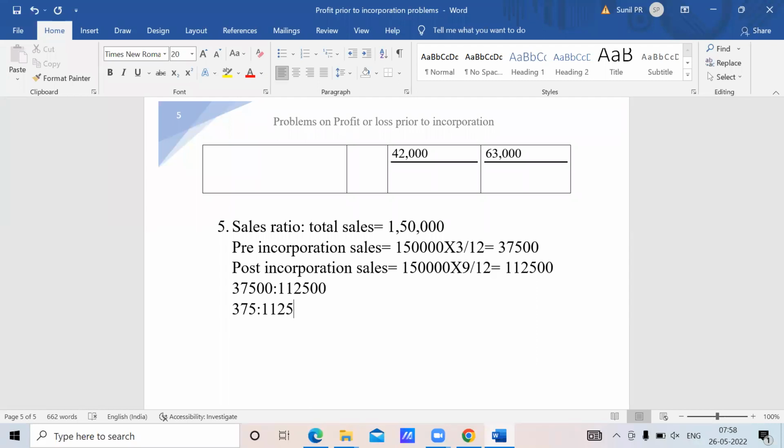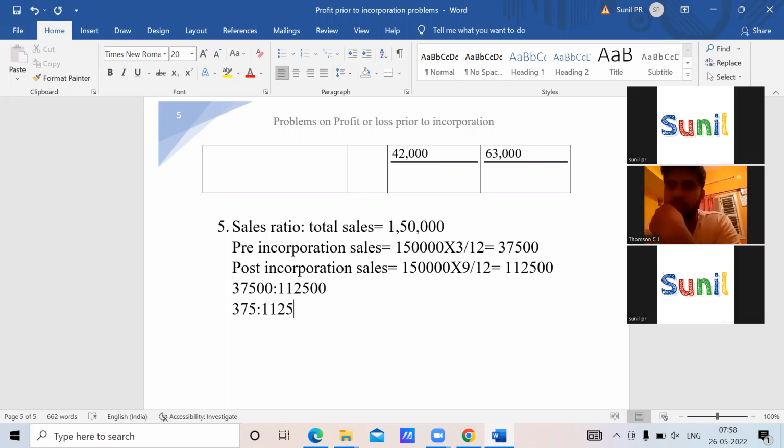Okay, one element is missing in the question. Okay, fine. Correct. So 375 is to 1125. That is the right answer. So now we have found out the time ratio, and now we have found out the sales ratio. I hope both the ratios are understood.